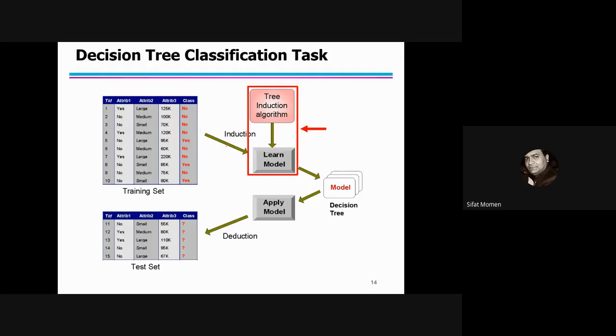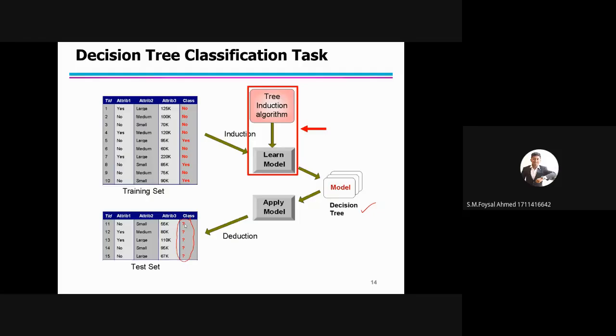So this is the induction process, right? We learn the model. Now, once you have learned the model, once you have the decision tree, then you can apply this model on this test set to make a deduction of what would be the target values. Is that clear? Yes? ঠিক আছে?